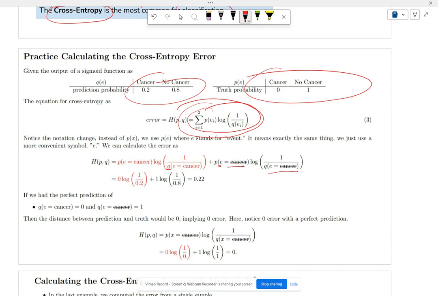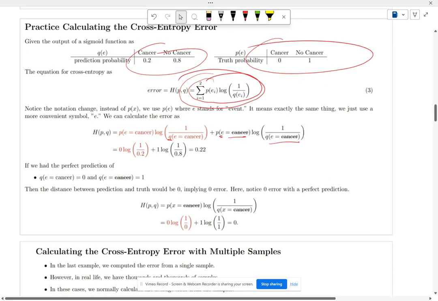Then you can see the probability that it's cancer as the ground truth is 0. And since it's 0, this whole thing is 0 now. Therefore, it's the probability right here, the probability that you don't have cancer times 1. And that's our error. Now, this is a case where there is an error.